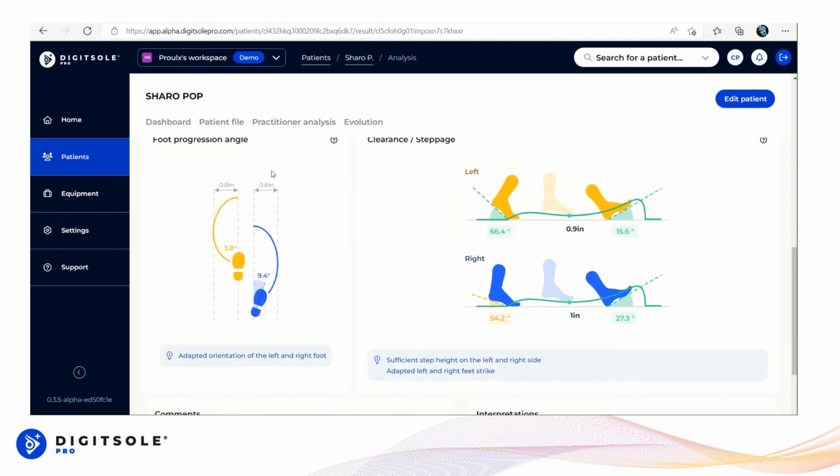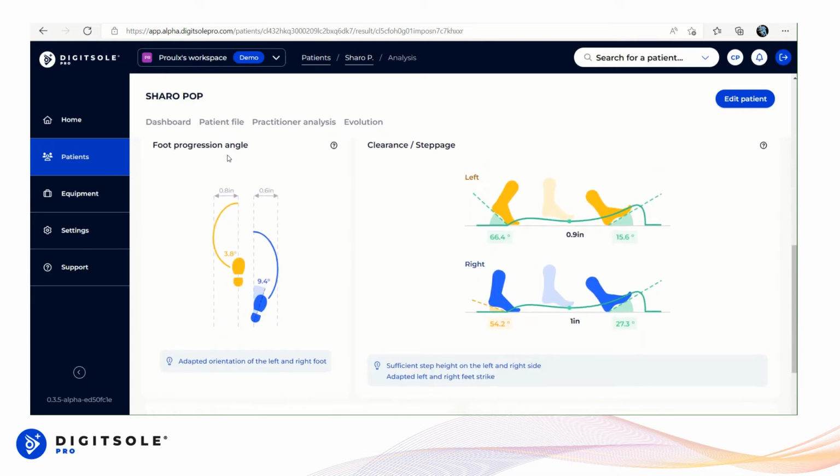Scroll down a little bit further and we see what's referred to as the foot progression angle. So we get 2 bits of data from this. If you imagine a sagittal plane as the trajectory, if you were walking or your patient is walking, the angulation, that angle that we see in the foot progression angle, is actually the angle of external rotation or deviation of the toes as they're pointing outward.